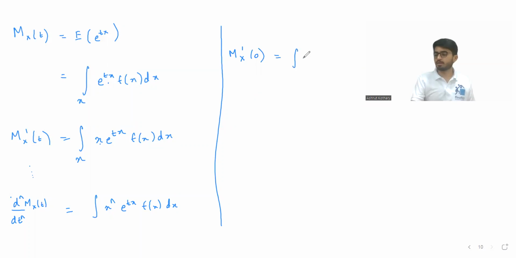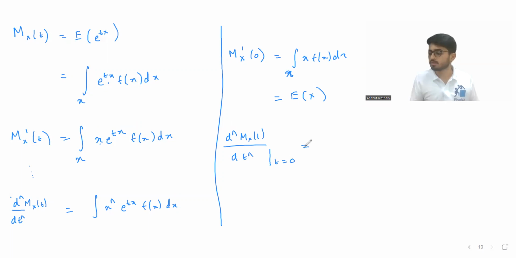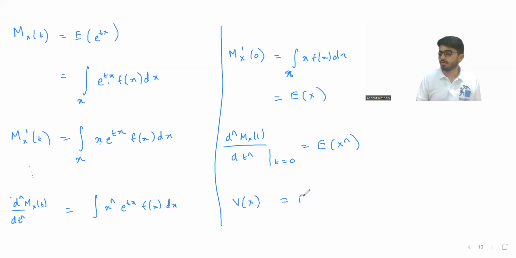I am left with the integral of x f(x) dx, which is the expectation of X. Similarly, if I differentiate this n times, the nth derivative of MX(t) with respect to t, evaluated at t equal to 0, will be the expectation of X to the power n. So now for calculating variance, I need E of X squared.